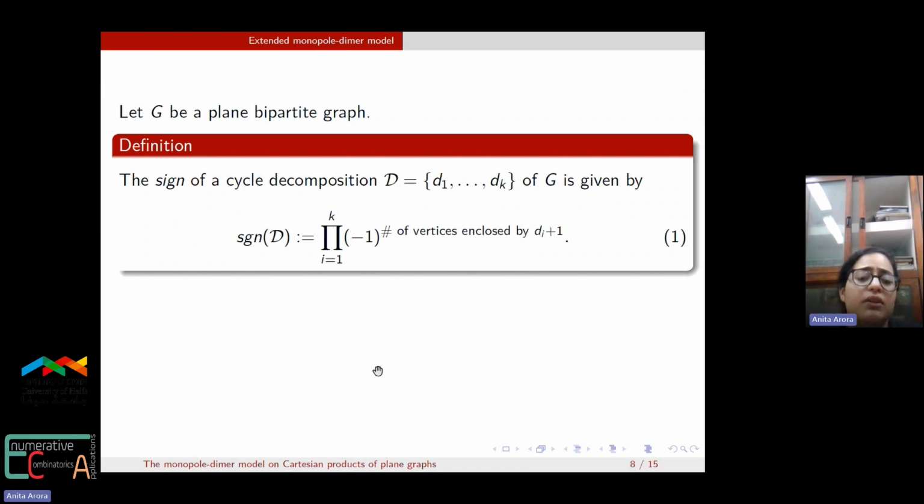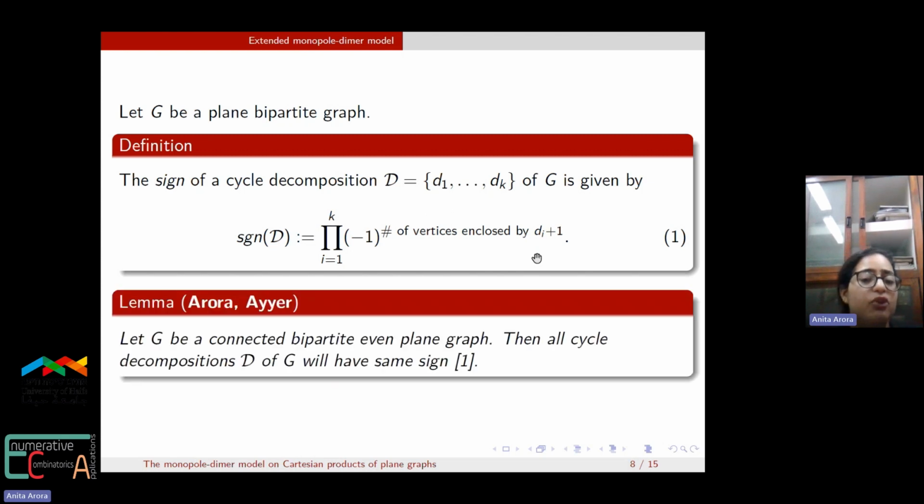Now, in this work we have extended the monopole diamond model, which was defined for planar graphs, to the Cartesian product of plane graphs. First of all, let's consider a plane graph which is bipartite. The sign of a cycle decomposition for such a graph is defined as the product of (-1) to the power of the number of vertices enclosed by the cycles that are involved in the cycle decomposition plus 1.